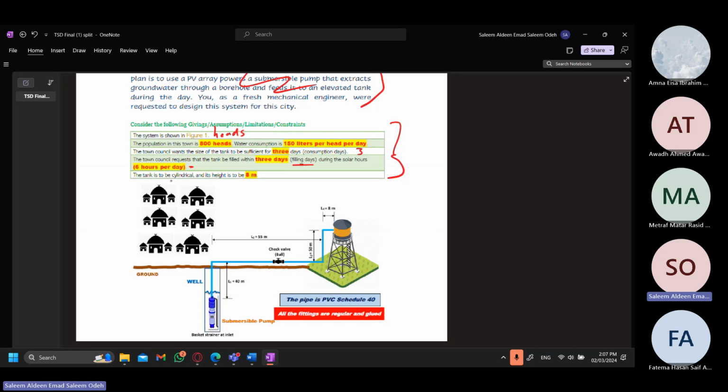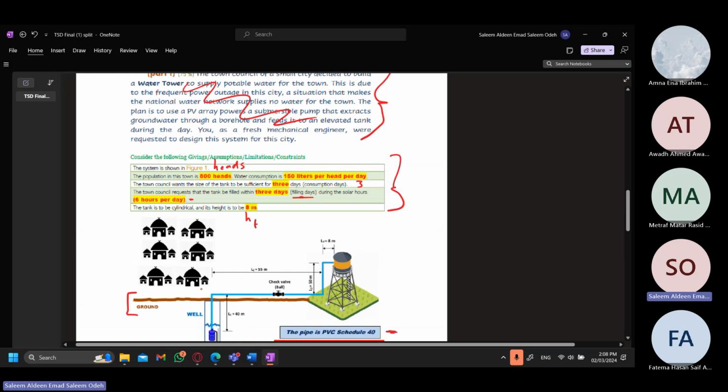The tank is to be cylindrical and its height to be 8 meters. So you have the height of the tank. And in this drawing, it tells you the length of the piping system, the type of pipes, and the form of fittings that you have. And it also specifies where the ground is, which you're going to need later on.